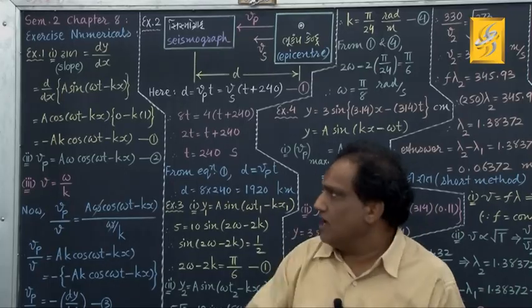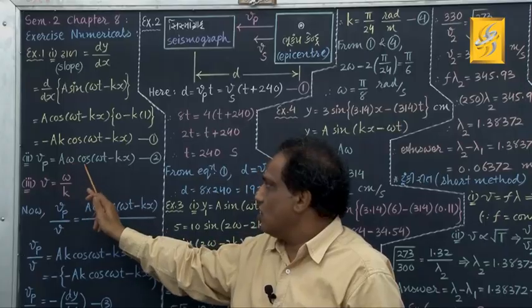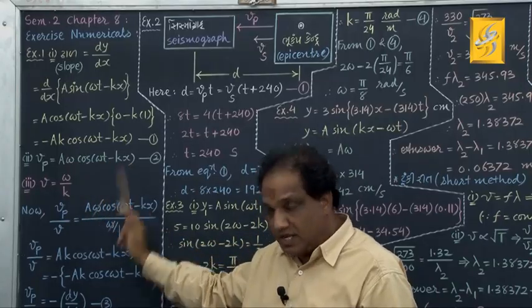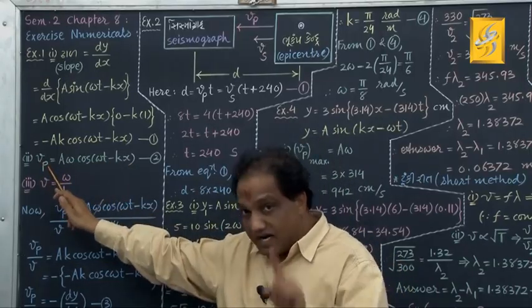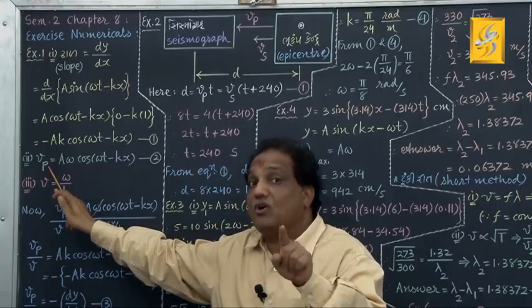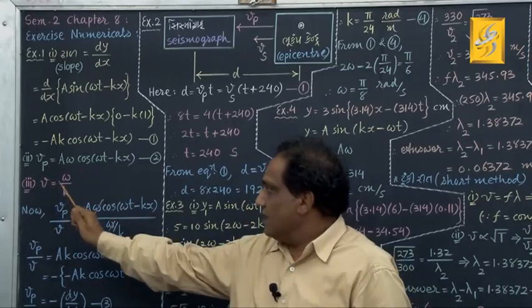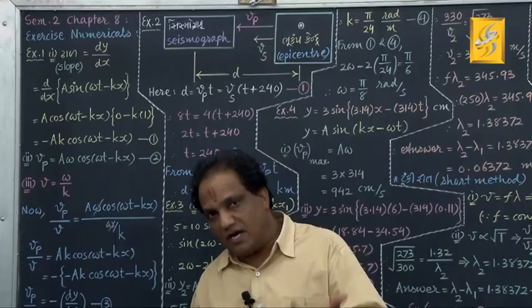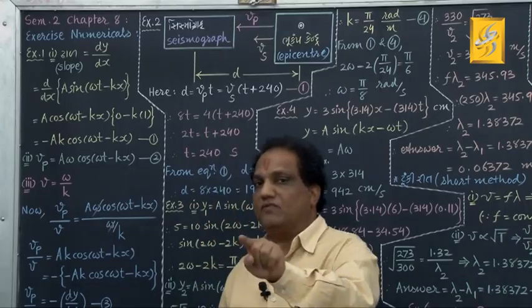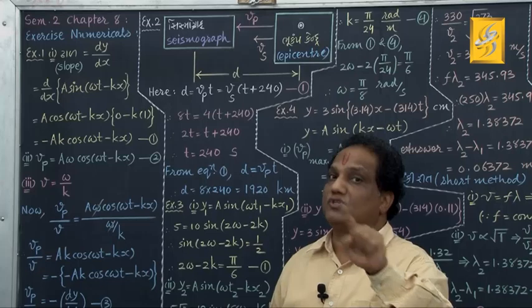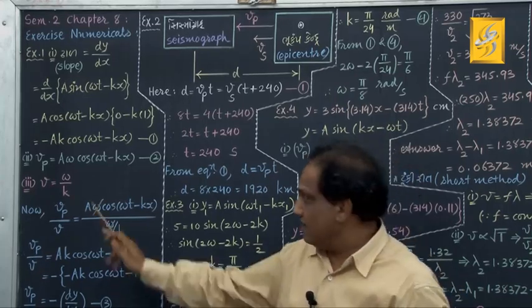Remembered? Same formula written here. Mind well, this is velocity of particle, not wave velocity. And then wave velocity formula, I told you two formulas: v equals f lambda, and another formula was v equals omega upon k.